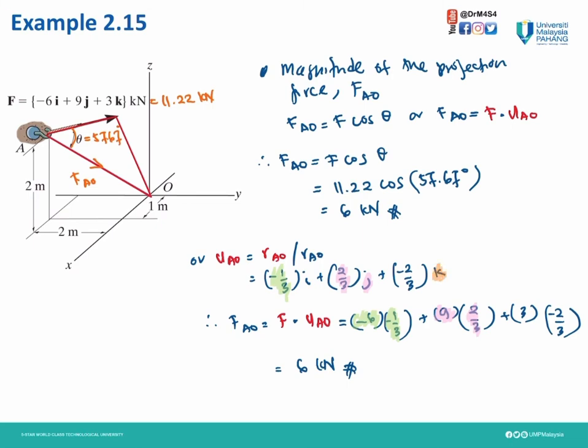And for K, 3 times negative 2 divided by 3. The value of the projection force FAO is 6 kilonewton. So check both to see if they give the same answer. You can use this method, FAO equal to F cos theta, or FAO as the dot product F dot UAO. The answer will be the same.